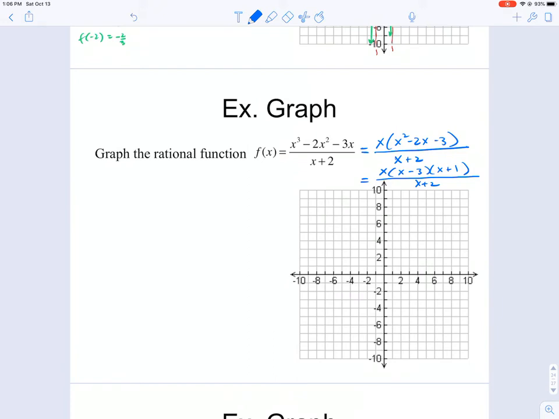Okay, so we can see that the domain is all real numbers except for negative 2. Okay, no holes again. Vertical asymptote at x equals negative 2. So I'll draw that.